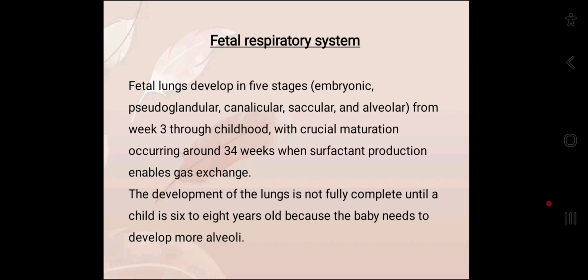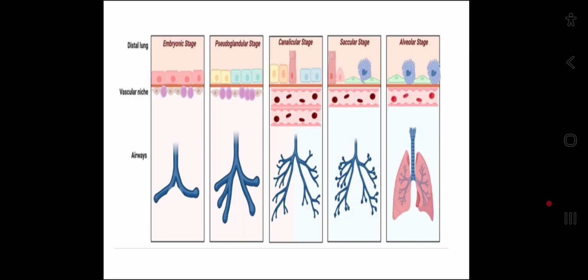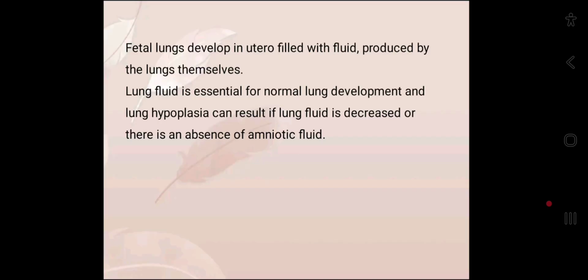As we say, the development of the lungs is not fully completed until childhood, up to 8 years. Fetal lungs in utero are filled with fluid, and this fluid is produced by the lungs themselves. This fluid is essential for lung development, and if it is decreased in volume, it will result in lung hypoplasia.